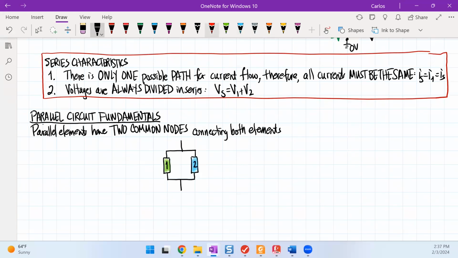So the big difference here is that we have one node in red, and we have a second node in black. So what we're seeing here is that these two elements, they have two common nodes.